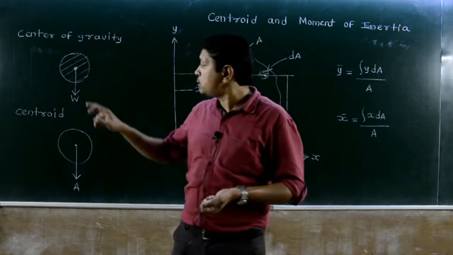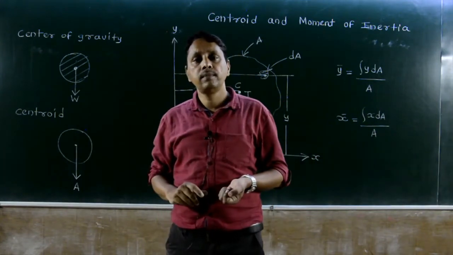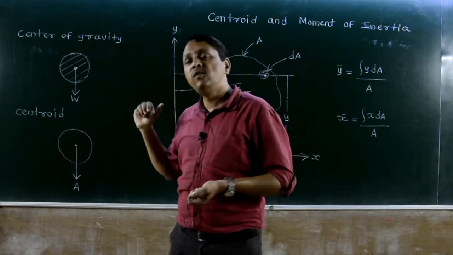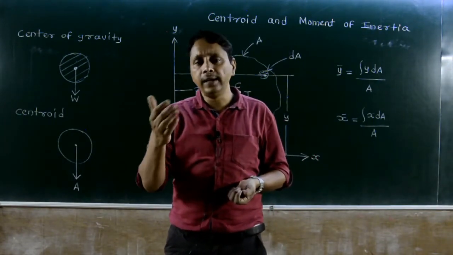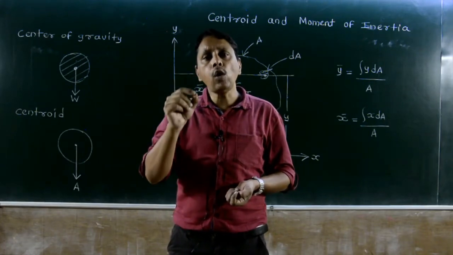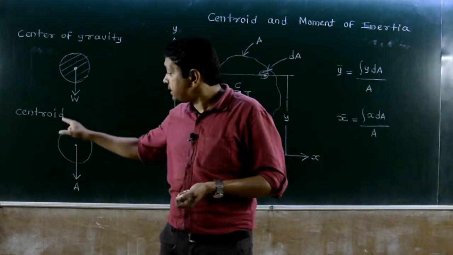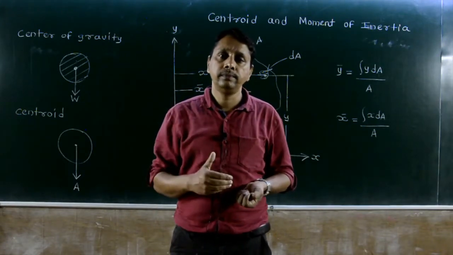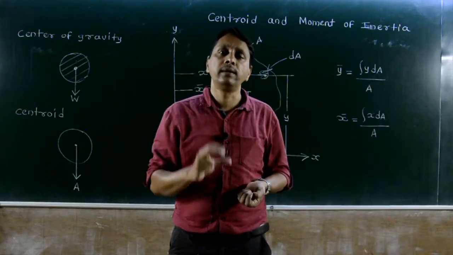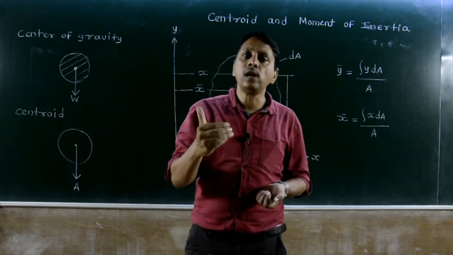As we know, a sphere is a body, but a circle is a plane figure, and everybody knows every circle has a center, and the center of such a plane figure is called the centroid. That we need in engineering. So what is centroid?